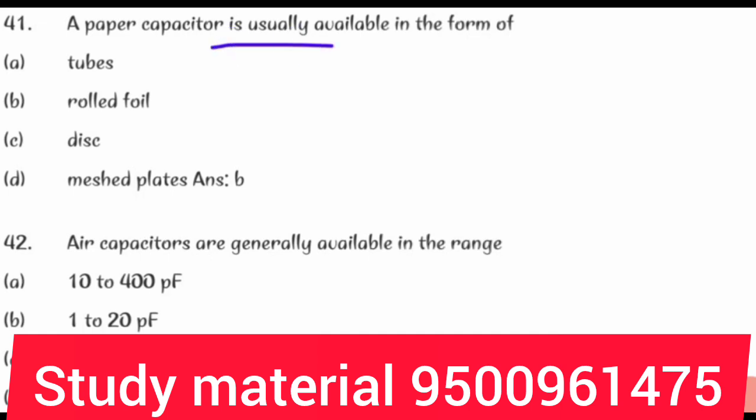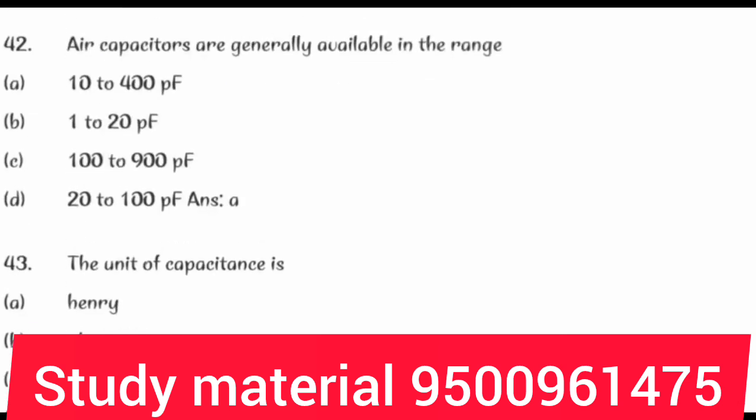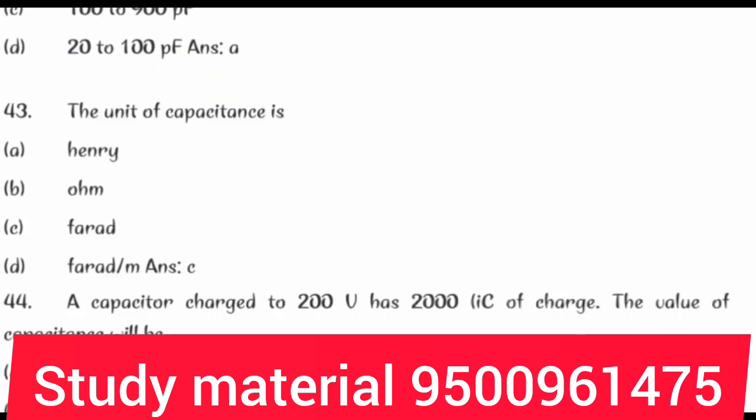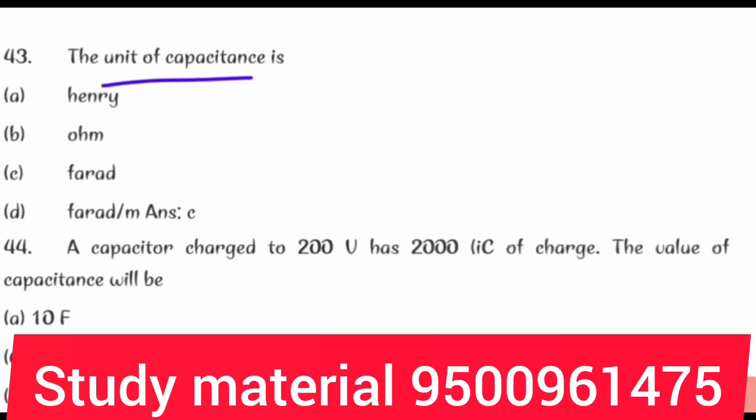A paper capacitor is usually available in the form of rolled foil. Air capacitors are generally available in the range 10 to 400 pF. The unit of capacitance is farad.